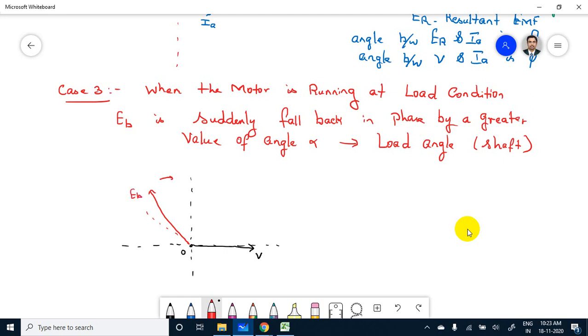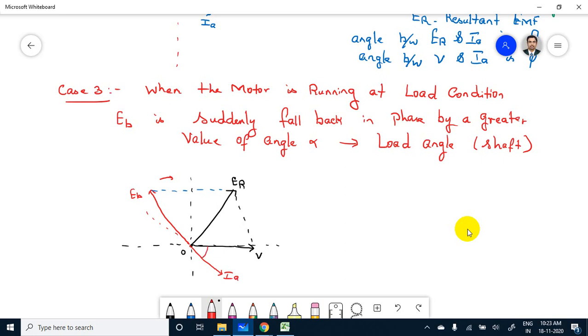So during this time the resultant voltage will also be in line with EB. Then you have to join this ER and V. And there will be a slight increase in armature current.